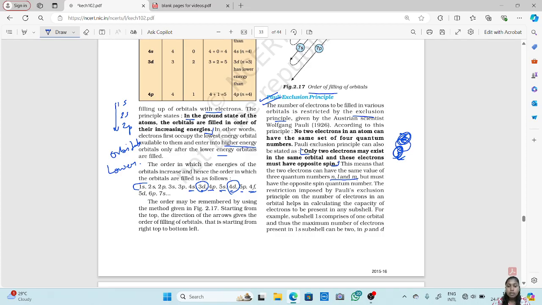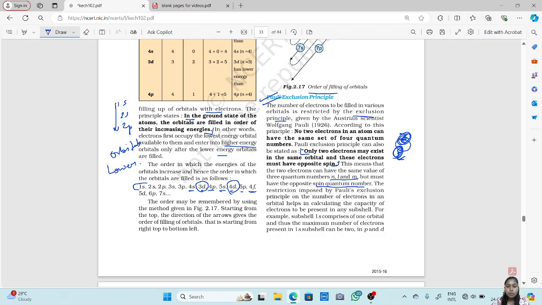They should have all these three values the same, but they must have opposite spin quantum numbers. One should have plus half and the other minus half, because the spin quantum number is given by plus half and minus half, right?